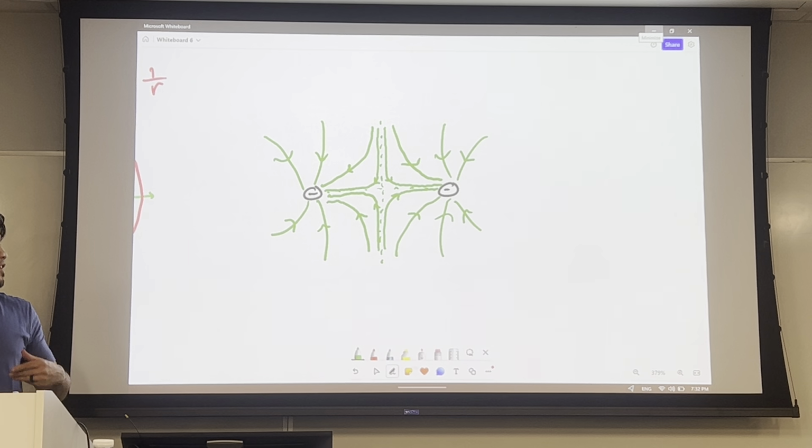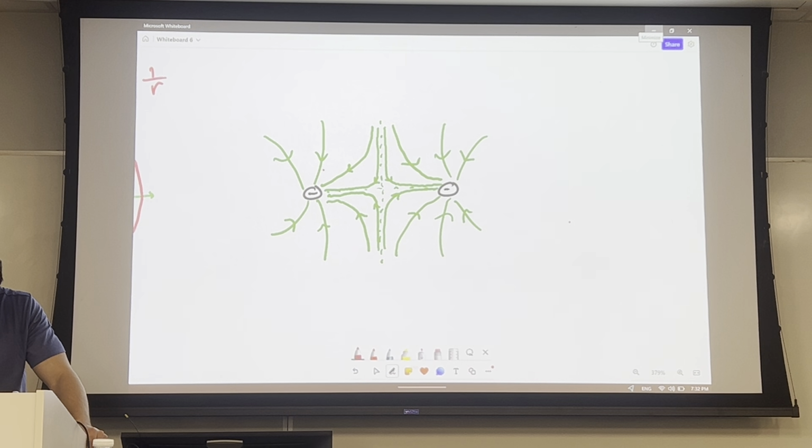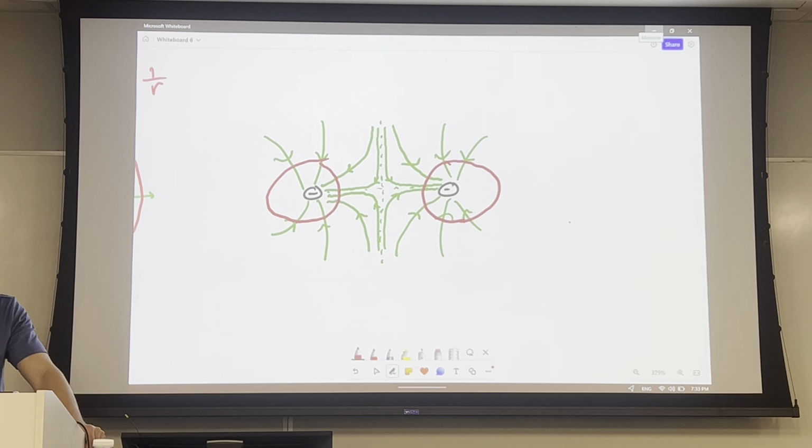and I ask you to draw one close to the charges and one far away from the charges. The one close to the charges will look like this. The one far from the charges, remember, we have to be perpendicular.